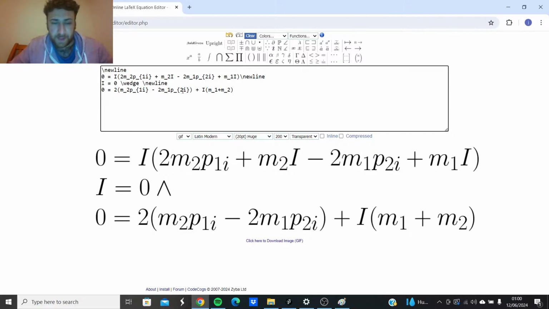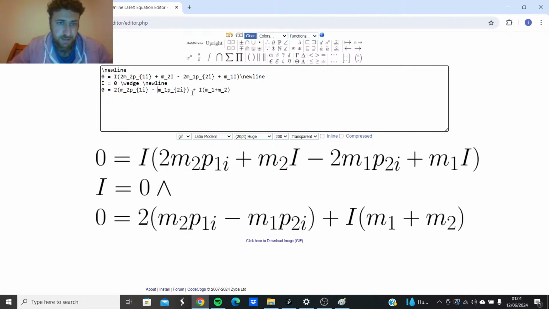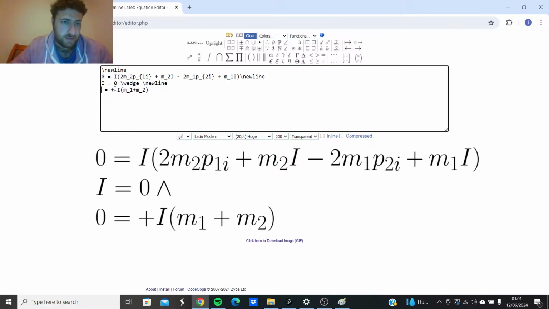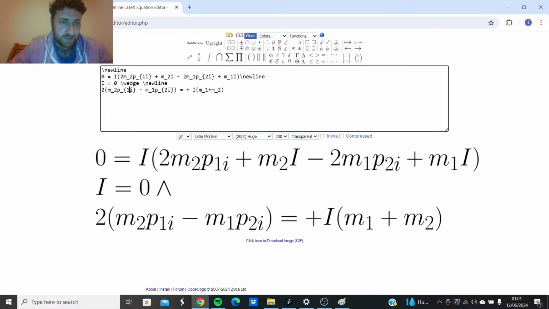Now, what we can do is take away both sides of this. We can move this to the other side, which gives us this, except it's now the numbers swapped. And lastly, we can divide both sides by M1, M2.